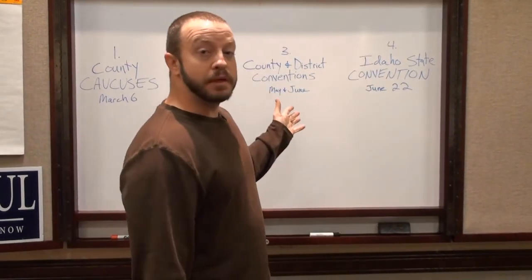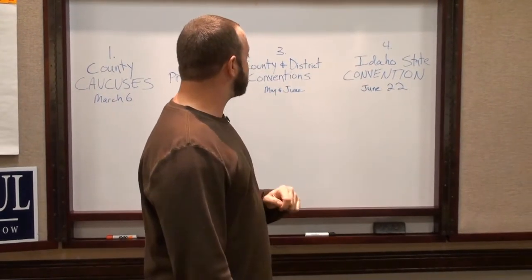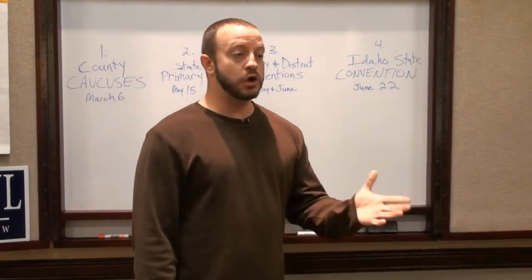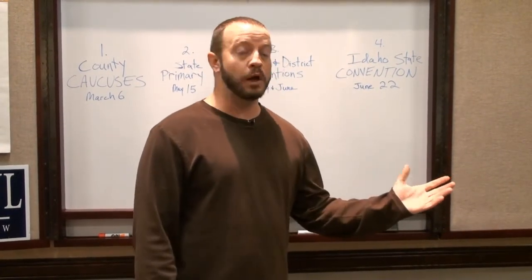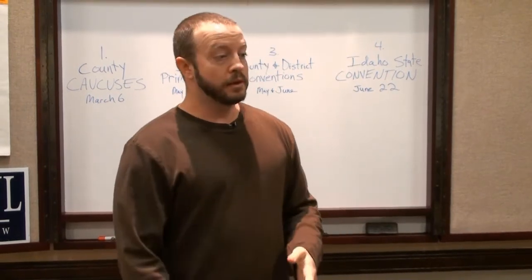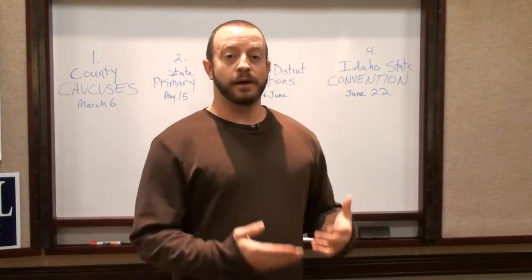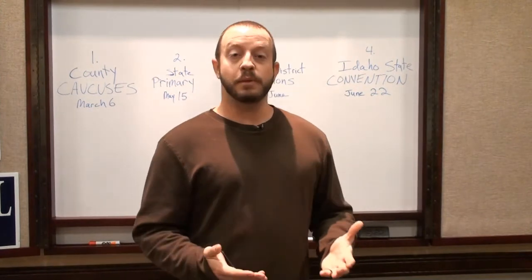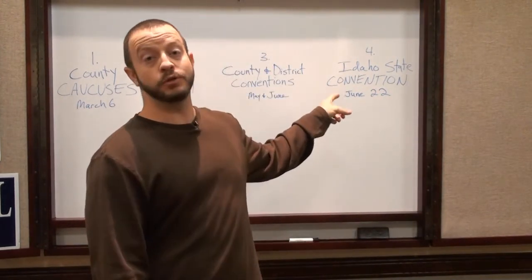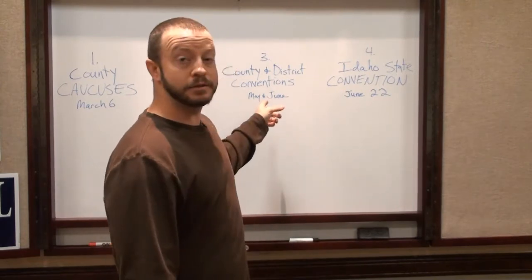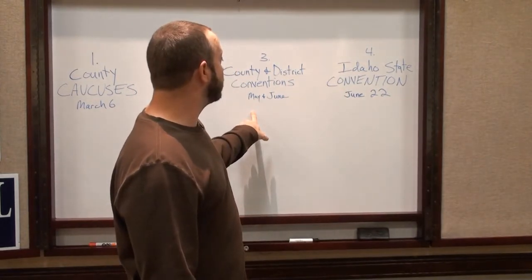So, once the precinct committeemen assemble at these county and legislative district conventions, it's your job as Ron Paul supporters to vote for delegates to the state convention. Well, if you're a precinct committeeman, you can also be a delegate. We need to recruit as many people as possible who support Ron Paul, who are willing to go to the state convention in Twin Falls, to run for delegates at the county and district conventions.